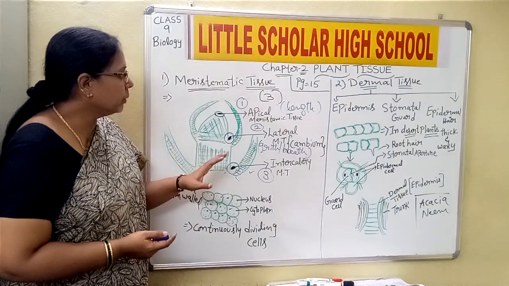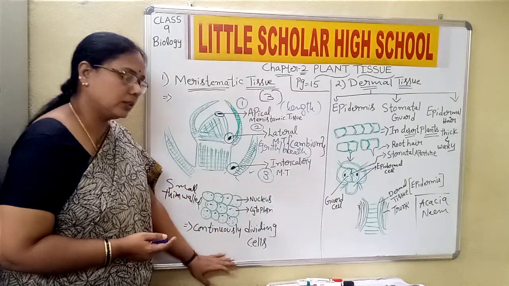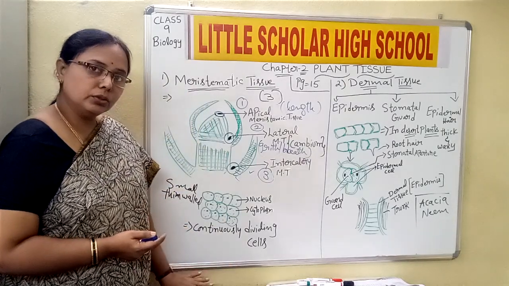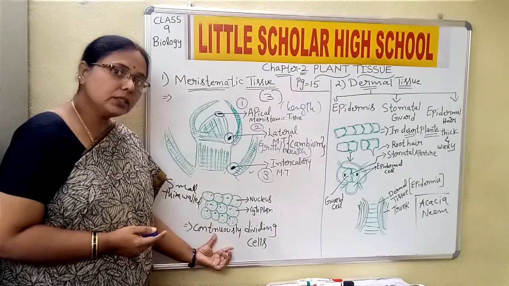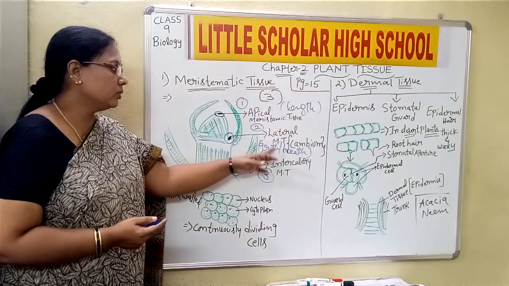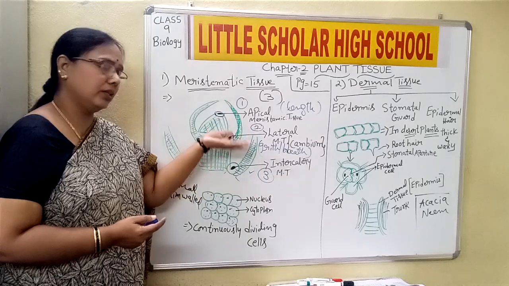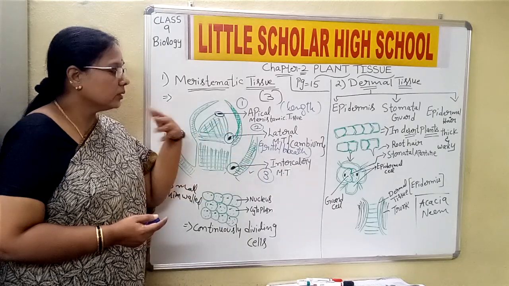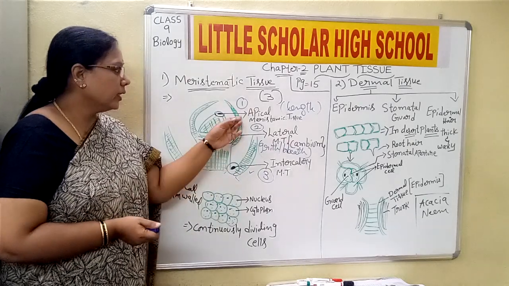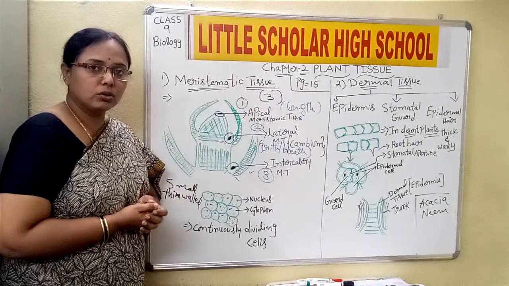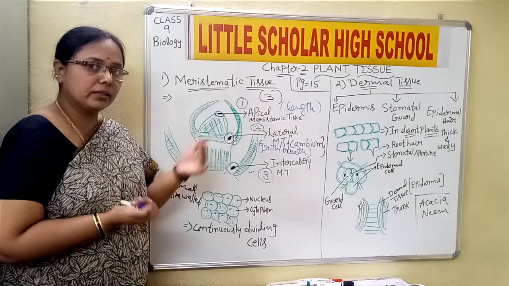So this is very simple, children. This is about the meristematic tissue. Here you need to remember the structure of the meristematic cells, how many types there are, and their location. Normally at this point of the class, looking at some of the names only, we can make out the definition.